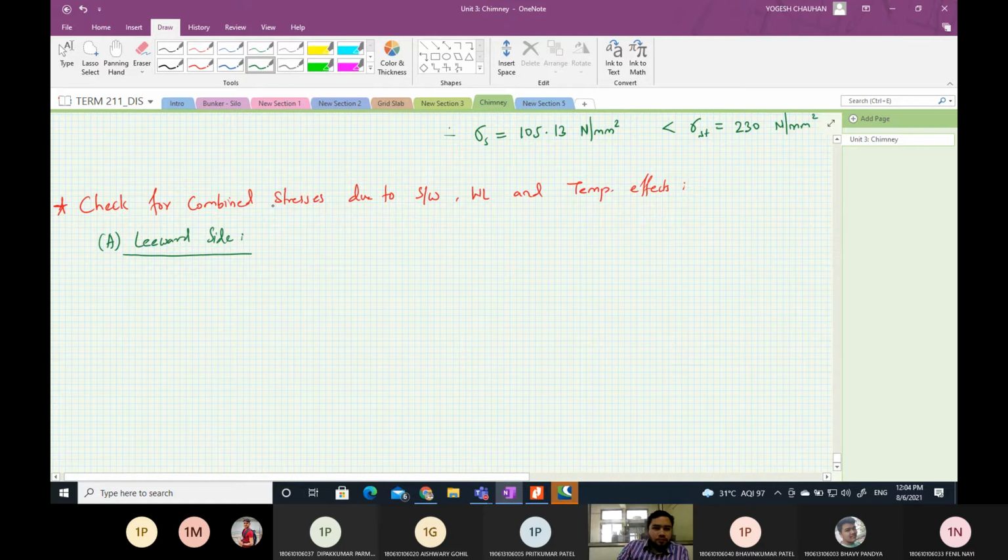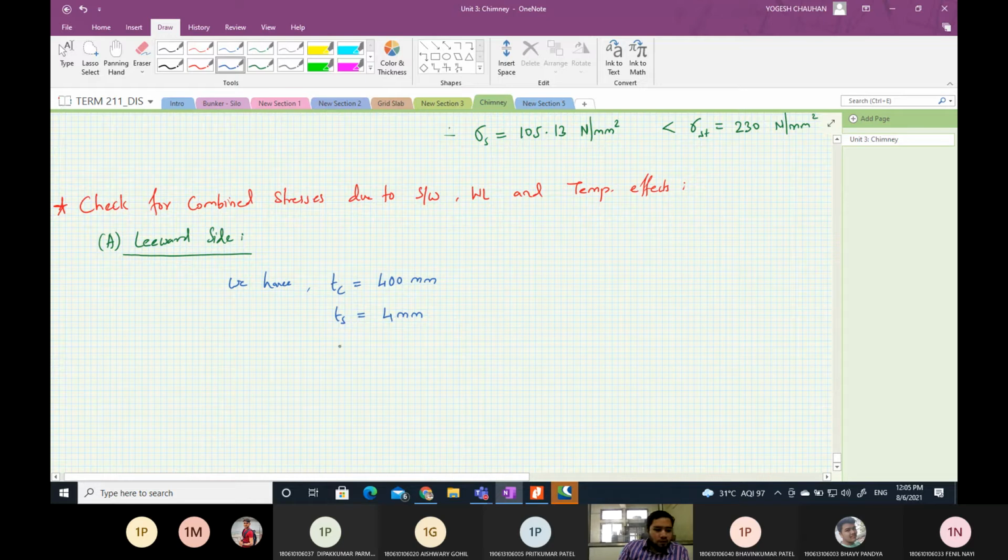So on the levered side, we have Tc equal to 400 mm, Ts equal to 4 mm.